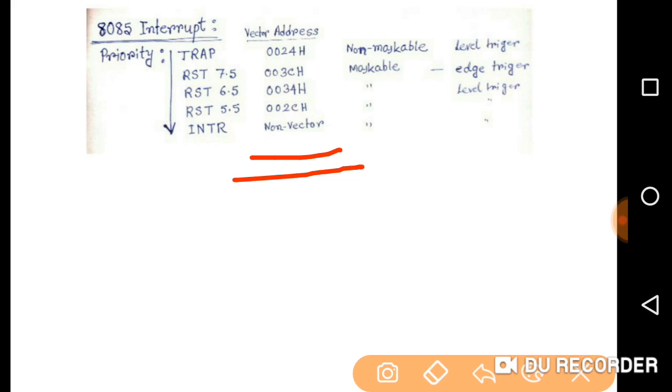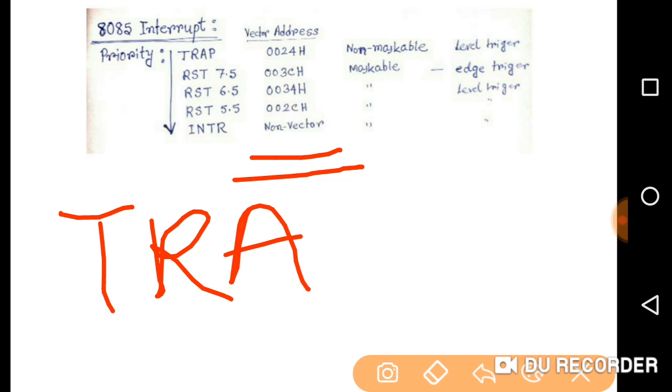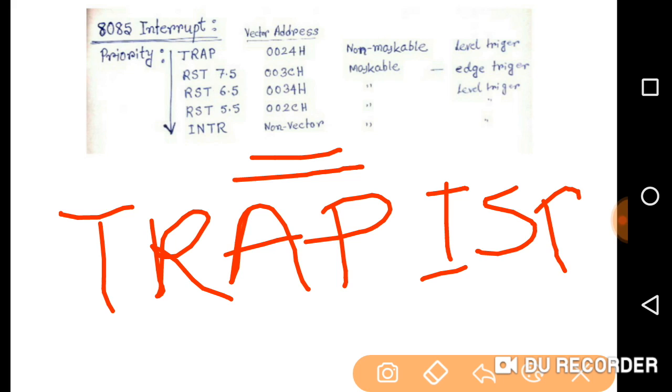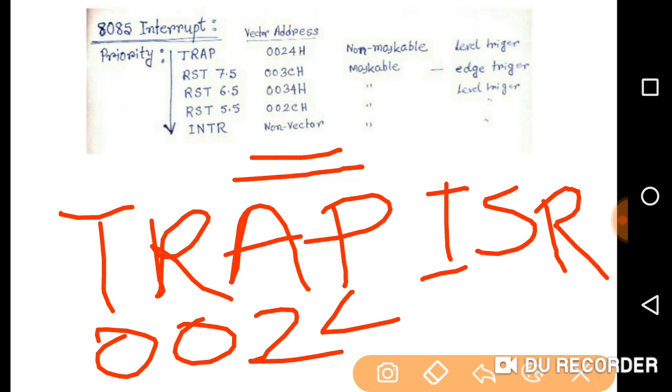If these interrupts occur, suppose if trap interrupt occurs, it will call a subroutine that is called ISR. ISR means interrupt subroutine. So the starting point of this ISR will be 0024H.